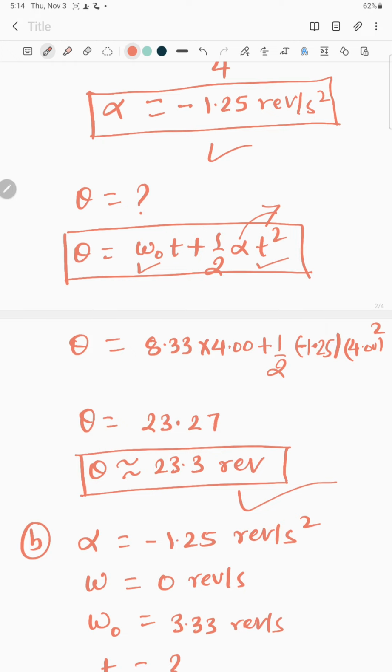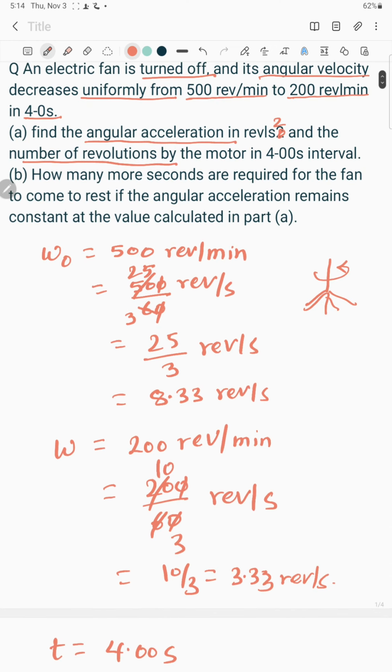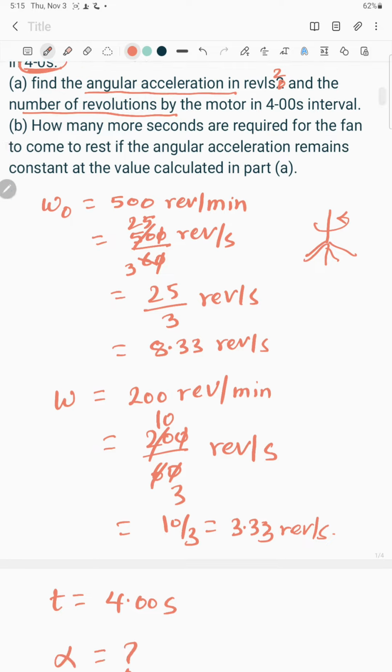And then in the second part it is asking, how many more seconds are required for the fan to come to rest? How many more seconds means after this 4 seconds, right? So when 4 seconds have passed, the angular velocity is this one. So this velocity can be taken as the initial velocity.